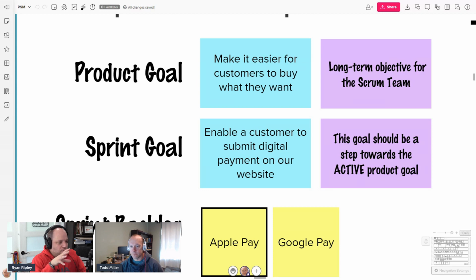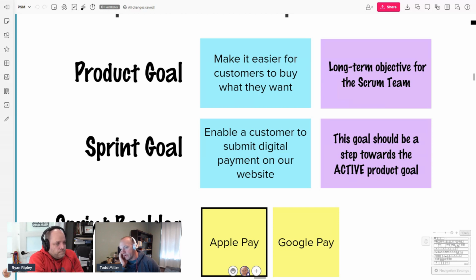What I love about this new concept, Todd, is that the product goal is kind of the middle piece between the Scrum team and the organization. It gives us a connection to product vision, corporate efforts, the big goals of the company. So if the product owner is doing his or her job well, every time we grab a product backlog item and start working on it, we should know which corporate initiative we're supporting all the way up and down the chart. Just a really cool concept. Yeah, and it leads you to question everything you're doing.